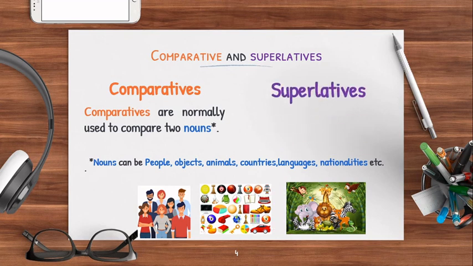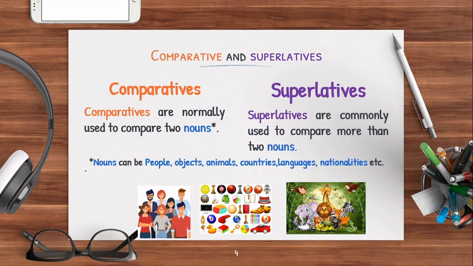Whenever we talk about the superlative, it is a little bit different from comparative, because in this case they are used to compare more than two nouns. In other words, superlatives are commonly used to compare one noun with more than one noun.